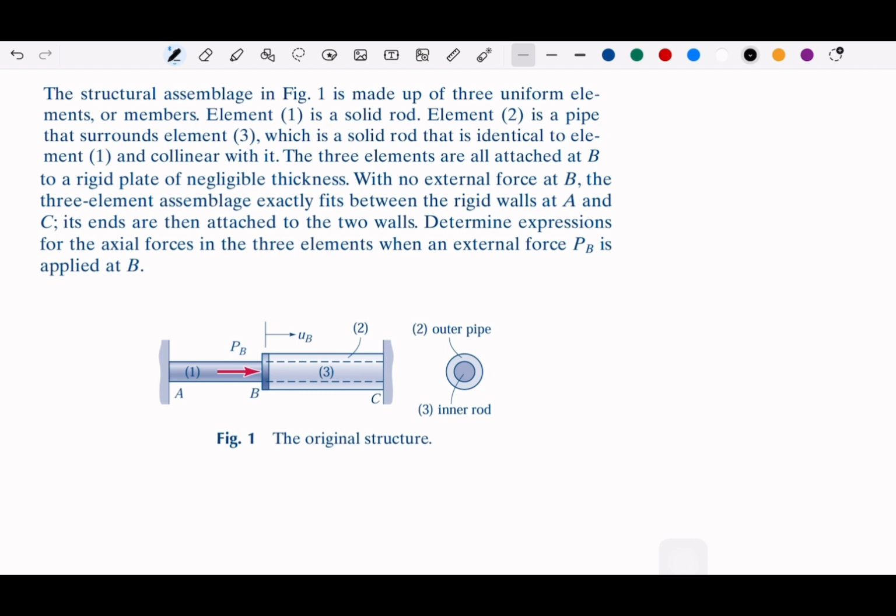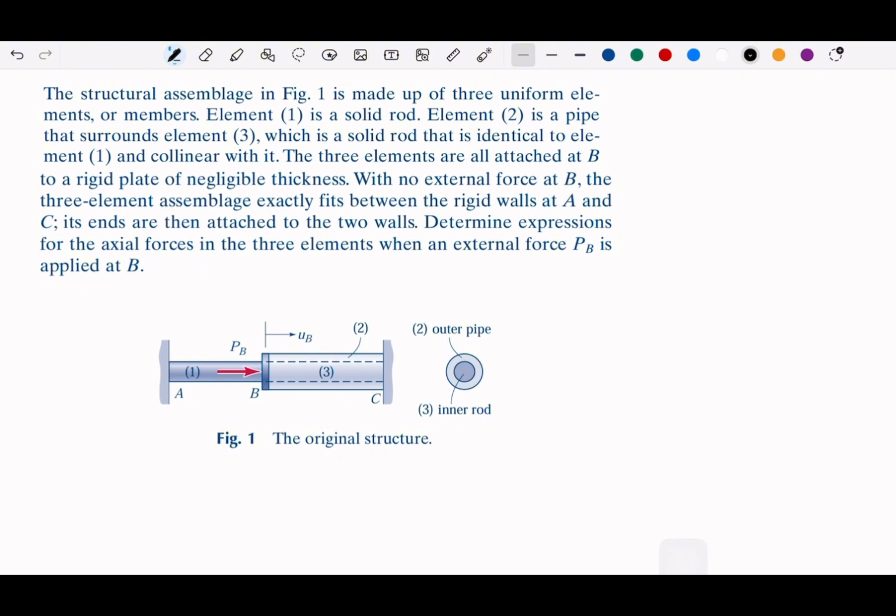The three element assembly exactly fits between the walls A and C, and then we need to determine expressions for the axial forces in the three elements when there is an external force applied at B. So when there is no external force, it fits with the walls here, and what happens if we apply some force here?